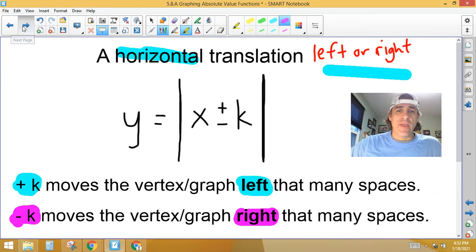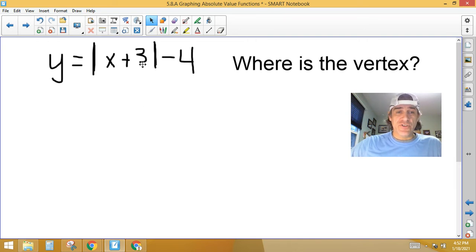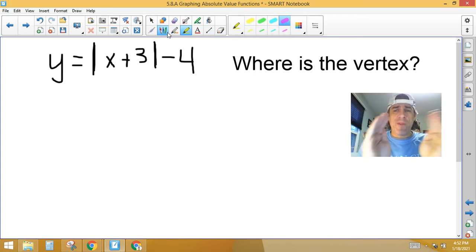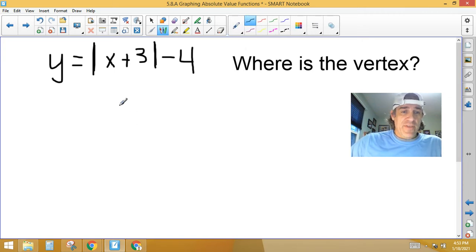So let's look at a quick example here. Here's this equation: y equals the absolute value of x plus 3 inside, and then minus 4. Where is the vertex? Give it a shot. What do you think the ordered pair of the vertex would be? This plus 3 on the inside moves it left or right.